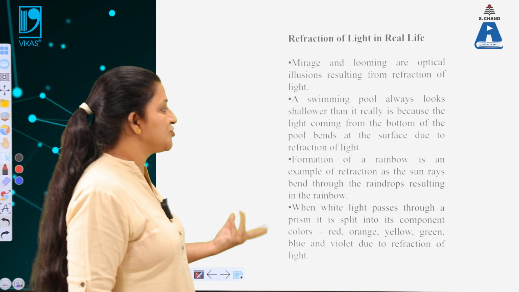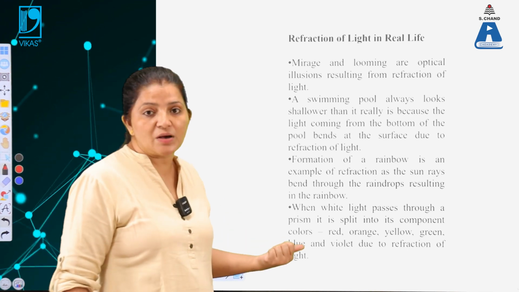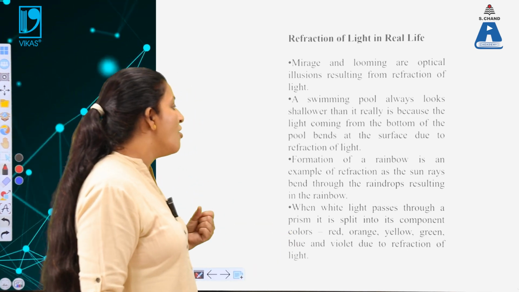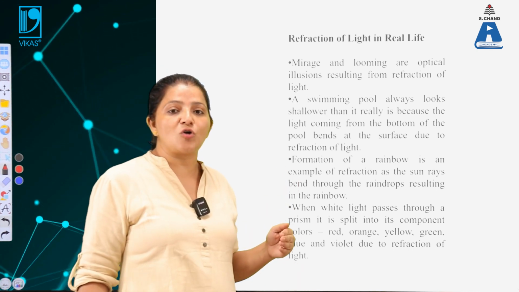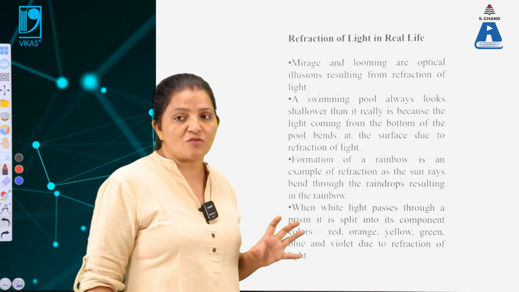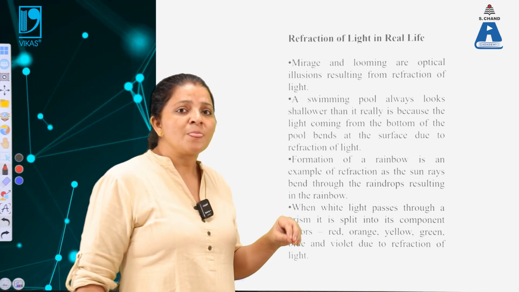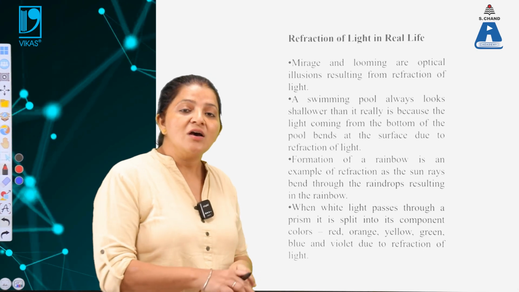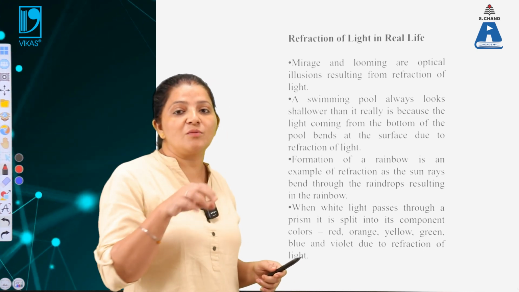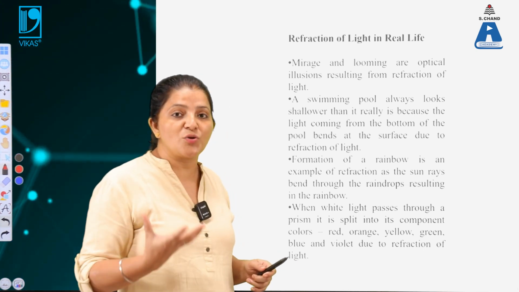Then again, the formation of a rainbow is also an example of refraction of light from the sun rays, because as the sun rays fall on the raindrops, refraction of the light occurs. Due to continuous refraction, the light is trapped in the raindrops, and that's why different colors originate.